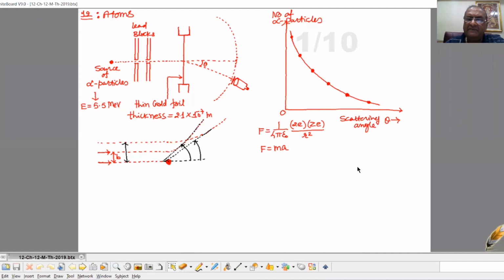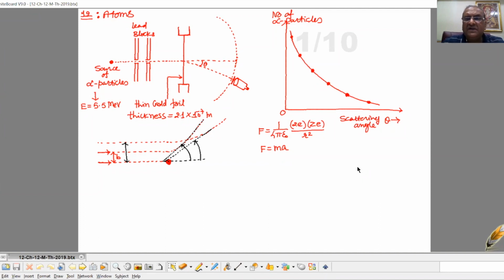The set of wavelengths of radiations we get is called the spectra of that particular element. So we get continuous spectra for bulk matter, for condensed matter.